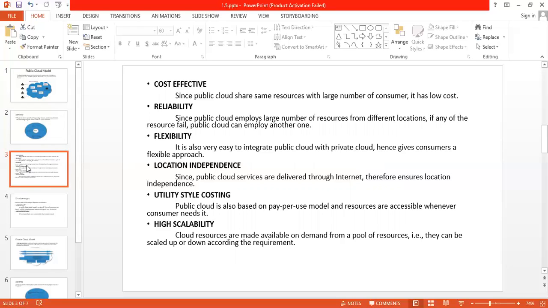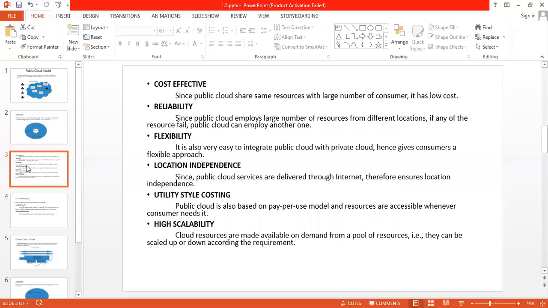Then utility style costing. Public cloud is also based on a pay-per-use model, and resources are accessible whenever the consumer needs them. To some extent they can give us free of cost service, but after that we have to pay for whatever resources we are using from the cloud. Next is high scalability.